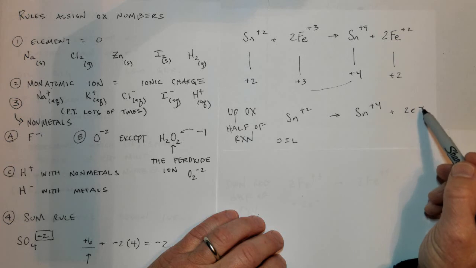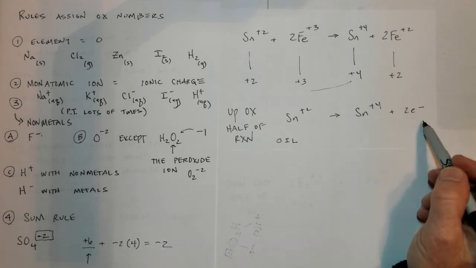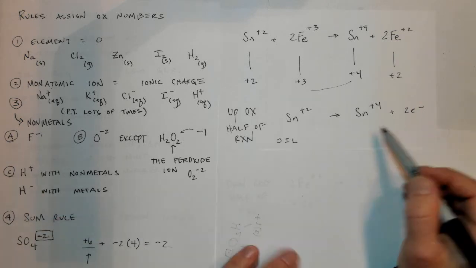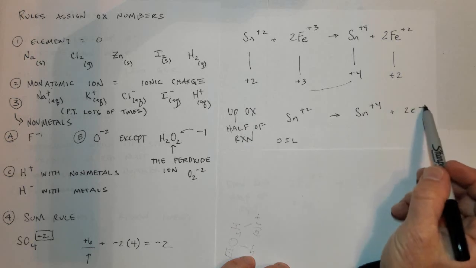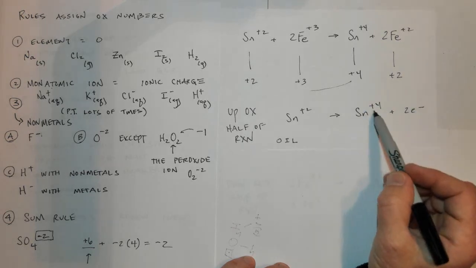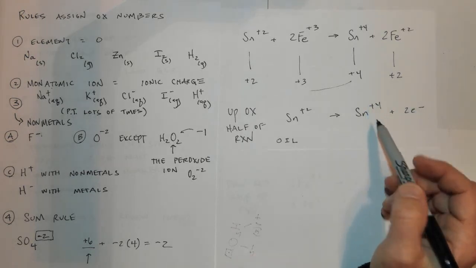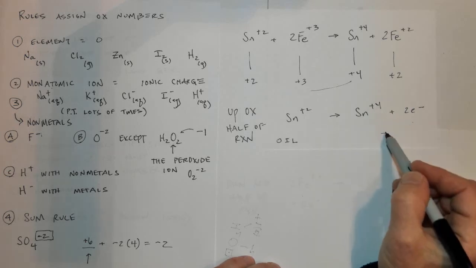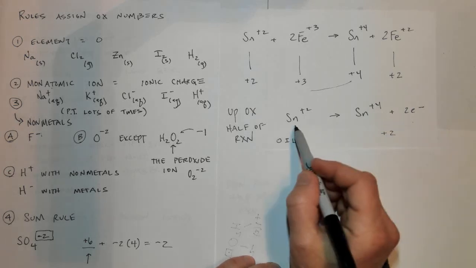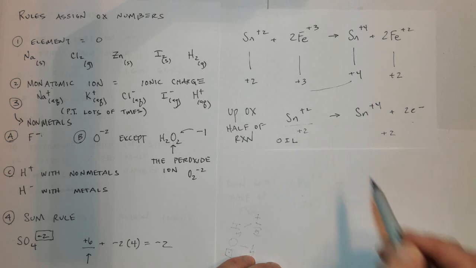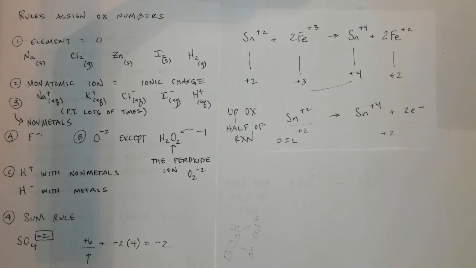That stands for 2 electrons, and since they're on the product side, they're lost. And so when you add up the charges, 2 minuses and positive 4 right here, it would be a total of positive 2 on this side of the reaction, and then this would be a total of positive 2 on this side. And it's just like balancing reactions, but now we're balancing them for charge.